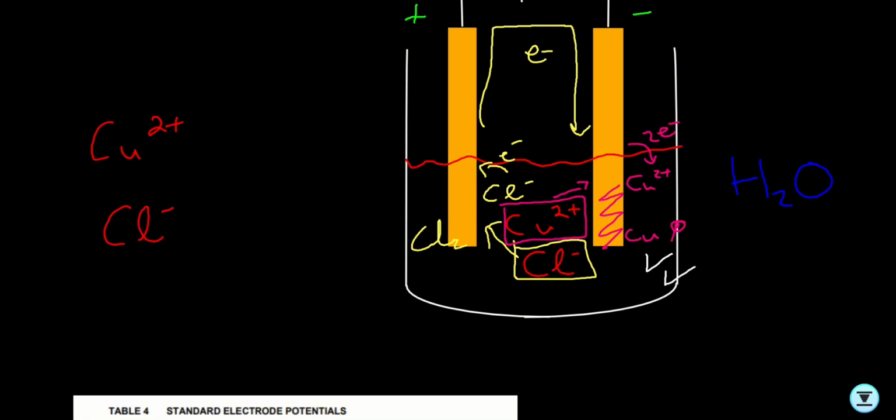This reduction would stay the same. But on our other electrode, on the electrode on the left, what's going to happen here is my water's actually going to be oxidized. It's going to give up about 4 electrons or so. And what that's going to result in is oxygen gas forming over there and a couple of hydrogen ions.